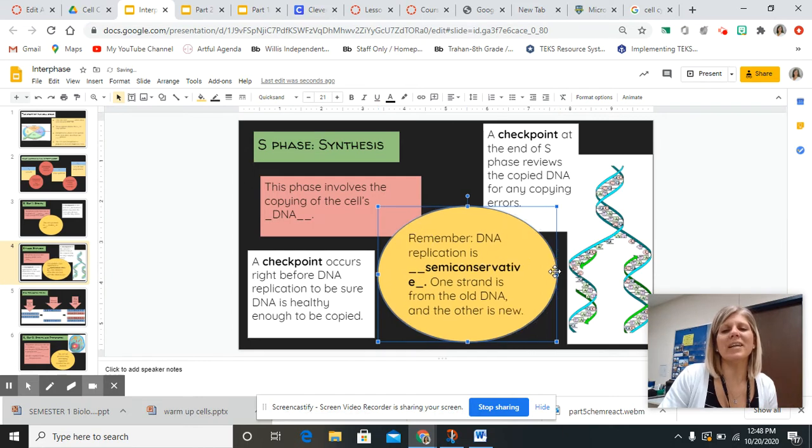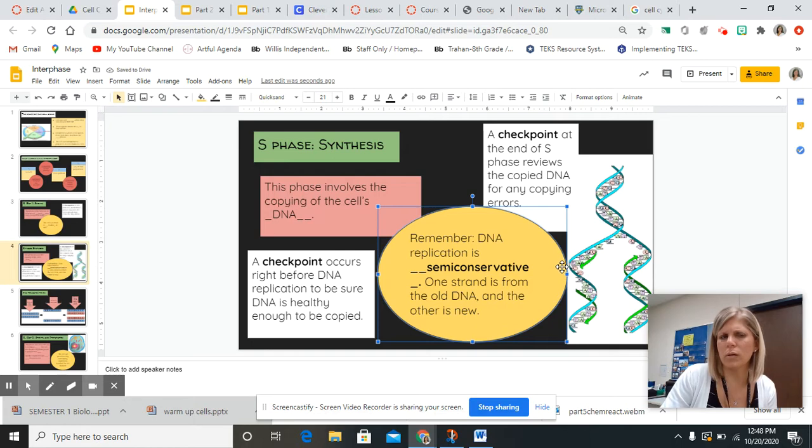We don't want DNA that's too old. You need that DNA to have some of what it was before, but then also be new, because over time that would potentially cause problems if the DNA were constantly being copied, but all the old strands were staying together. So it's actually quite beneficial that part of our DNA strand is new and part of our DNA strand is old. And that's what we mean by semi-conservative.